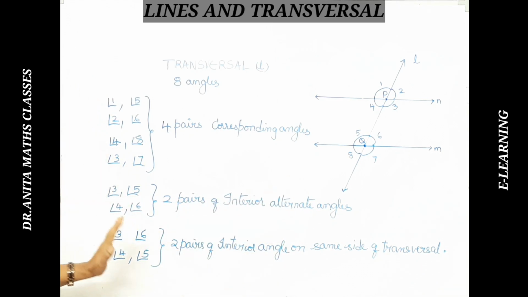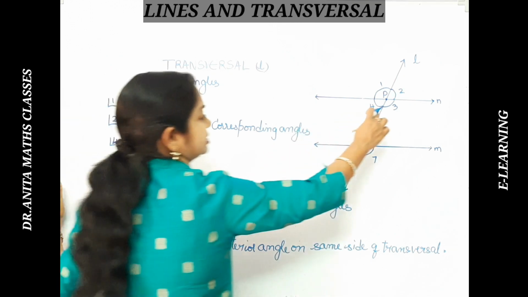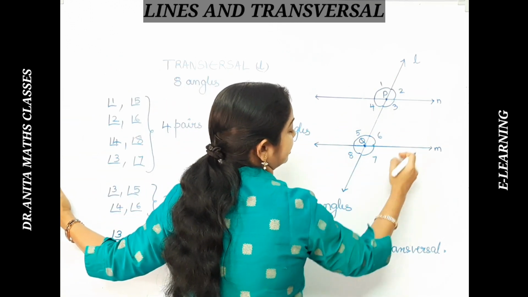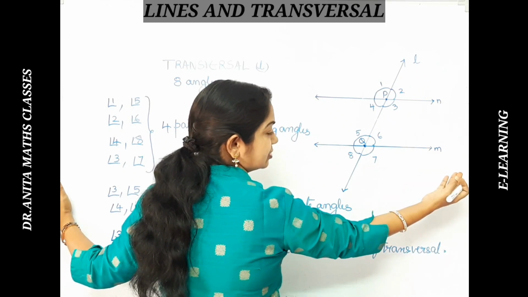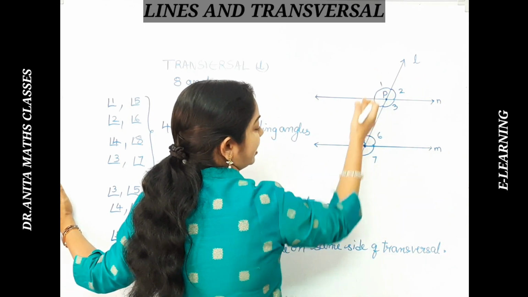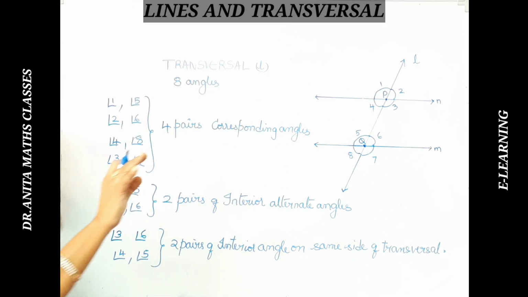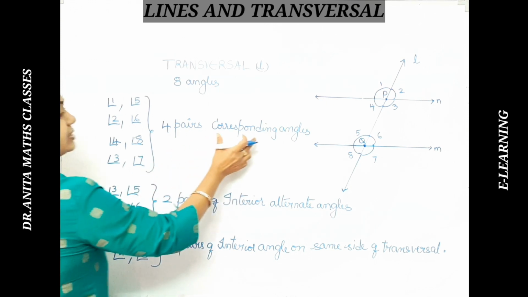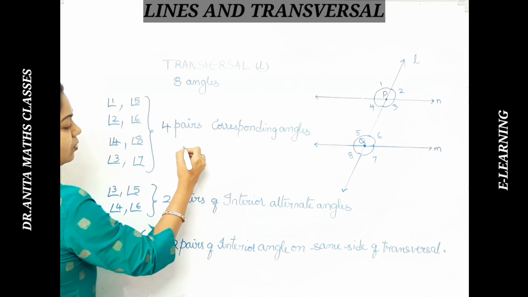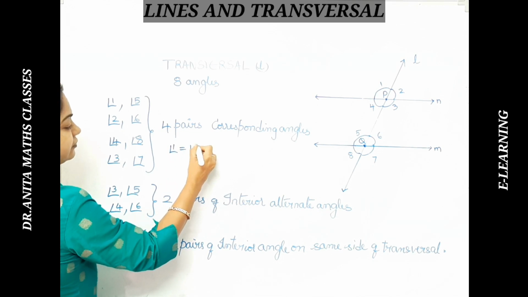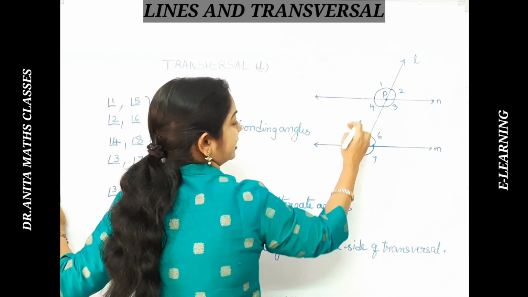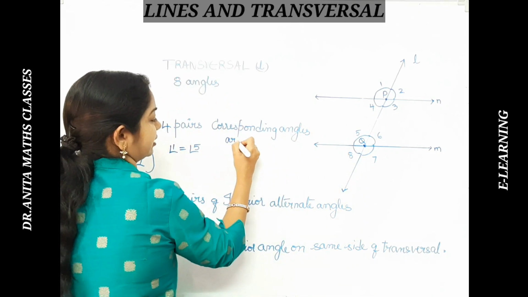Also, we can write the exterior angles: 2 and 7 are exterior angles on the same side of the transversal, and 1 and 8 are exterior angles on the same side of the transversal. According to this, the corresponding angles are always equal. That means angle 1 is equal to angle 5. So corresponding angles are equal.